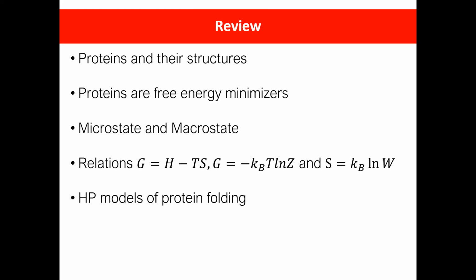So a given macrostate can consist of many possible microscopic states. And we looked at the relation between enthalpy, entropy, and free energy. And then we also looked at the relationship between the free energy and the partition function. And we also learned how to calculate the entropy from the knowledge of the number of microscopic states that can belong to a given macroscopic state.